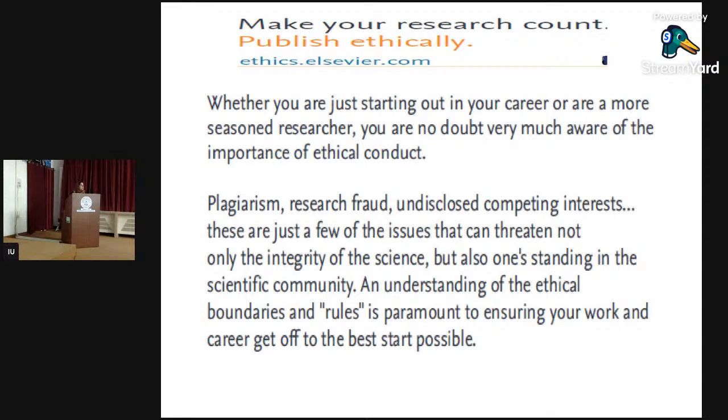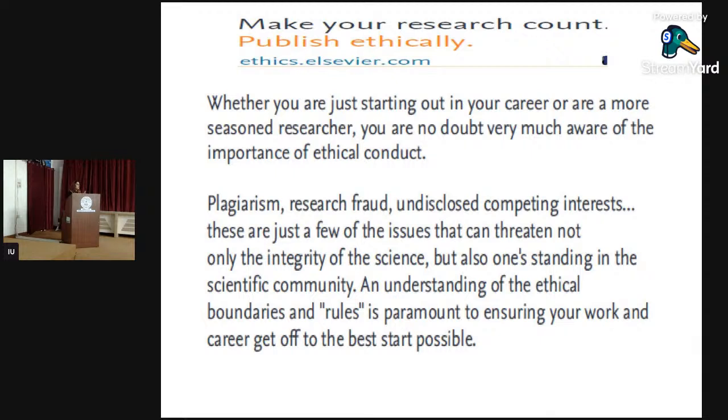So what contributes to research misconduct? Plagiarism, research fraud, undisclosed competing interests. These are just a few of the issues that can threaten not only the integrity of the science, but also one's standing in the scientific community. So I'll come back to the previous question. Why do we have to adhere to a set of guidelines?